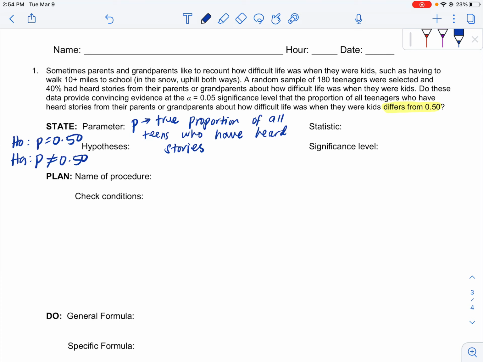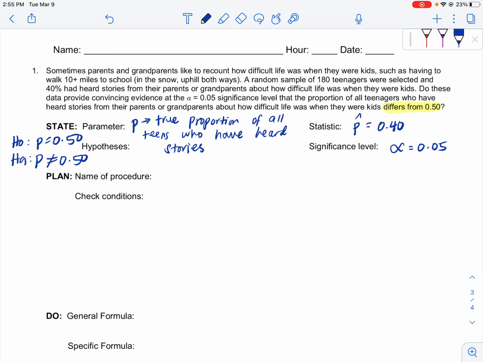Okay. Statistic is out of how many teenagers? Out of 180 teenagers, 40%. So I don't even have to solve it because I was given that it is 40%. I know it's lower than 50% at this point, right? And our significance level is given 0.05.